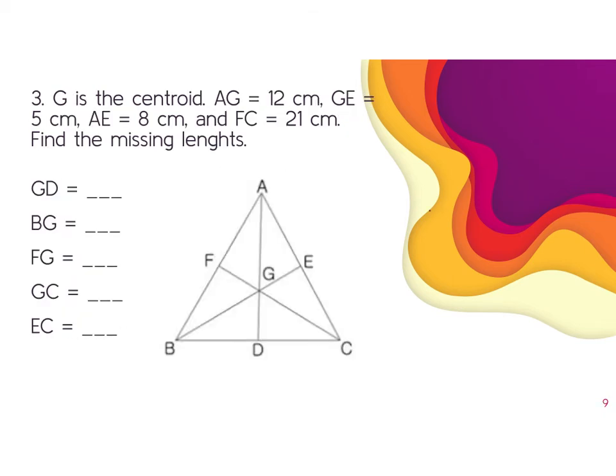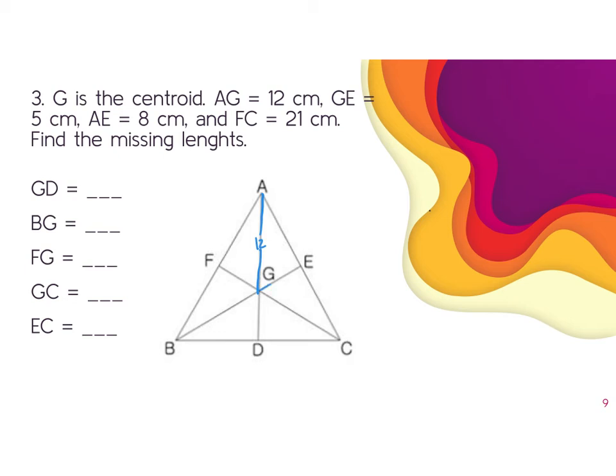All right, example number 3 tells us that G is the centroid. It gives us some measurements of some of the lengths, and we need to find some missing lengths. We're not looking for an ordered pair for the centroid here. Rather, we're going to take what we're given. AG is 12, so this length here is 12.